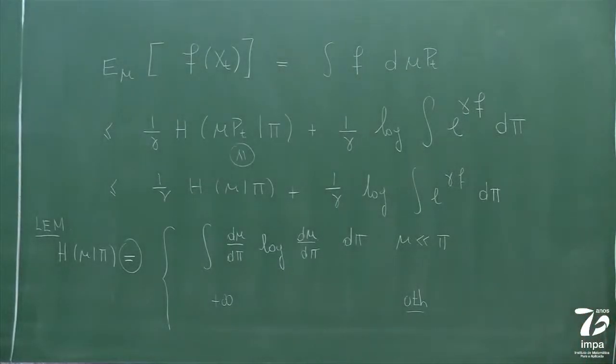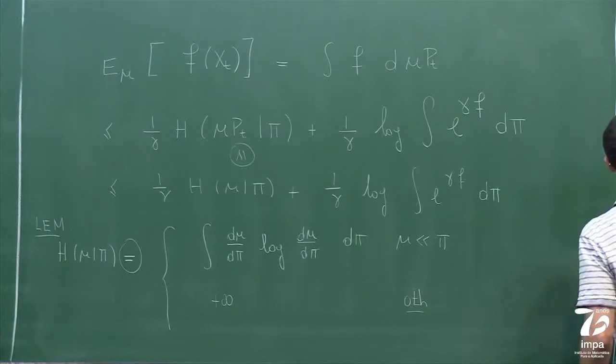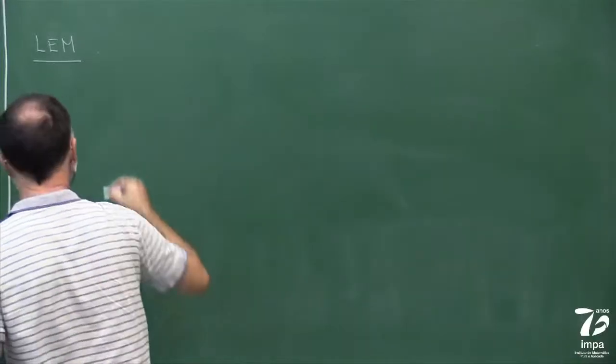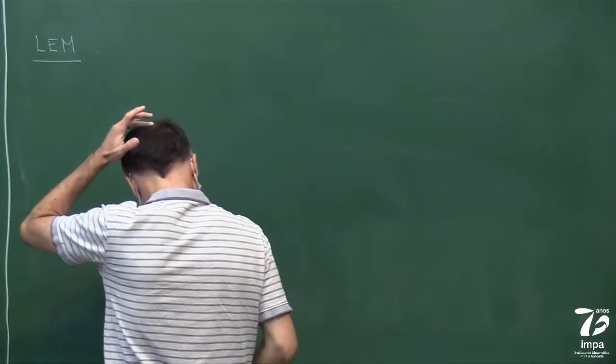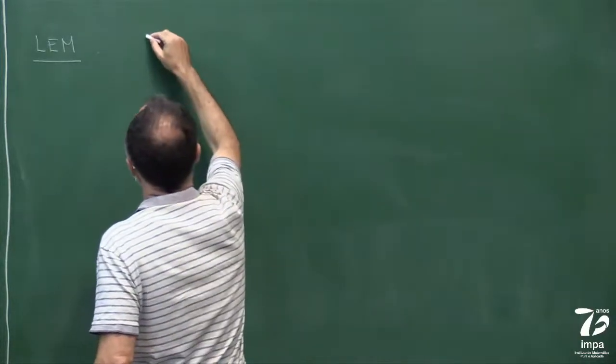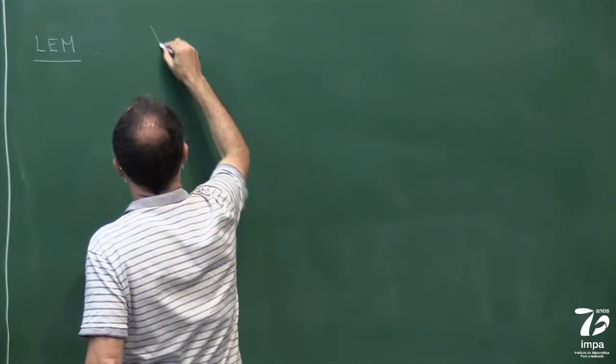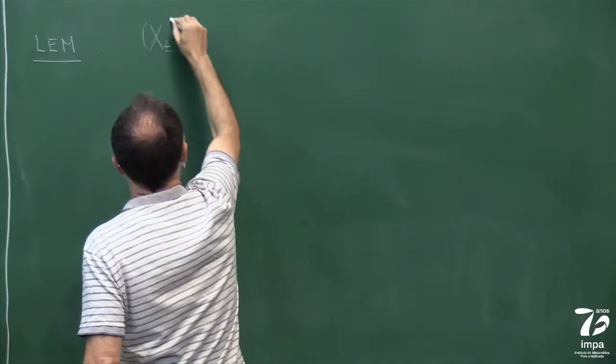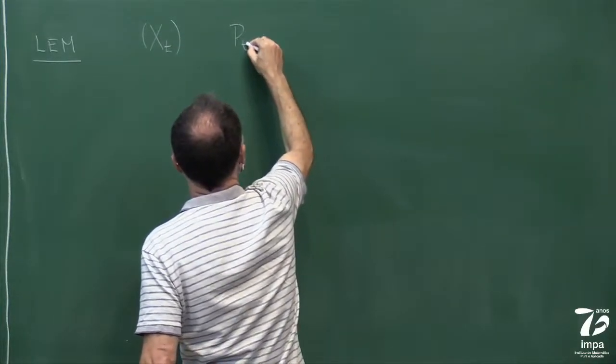So maybe let me write the lemma here. So the lemma, it's again, so you have a Markov chain, Xt. PT is the semigroup.